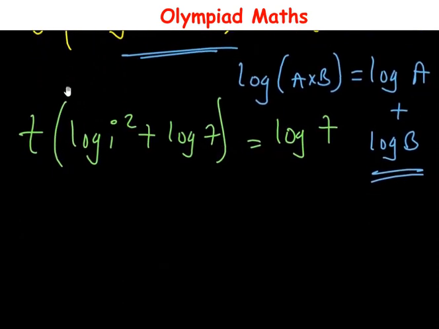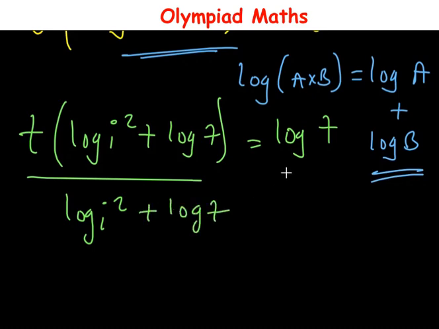We can then divide both sides by (log i squared plus log 7) so that t can stand alone.